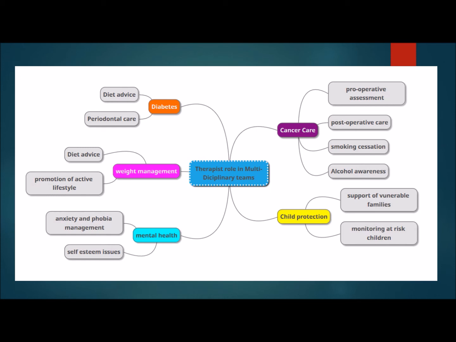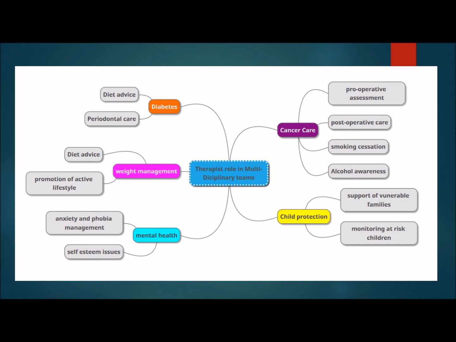We've mentioned already cancer care and child protection, but if we look to the other side, a patient with diabetes, we're really importantly placed to work with that patient to help improve both their oral care and their diabetes management. We could be working closely with the patient's diabetic nurse, seeing them on a regular basis, to pass information, with the patient's permission, between you and the diabetic control nurse to help manage that patient.